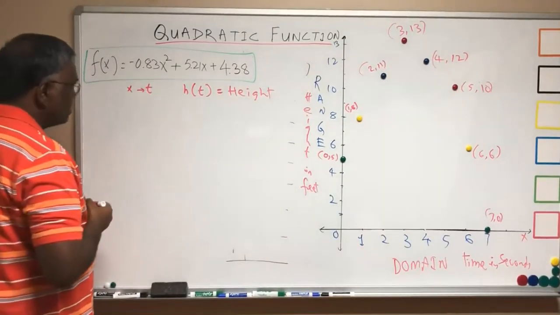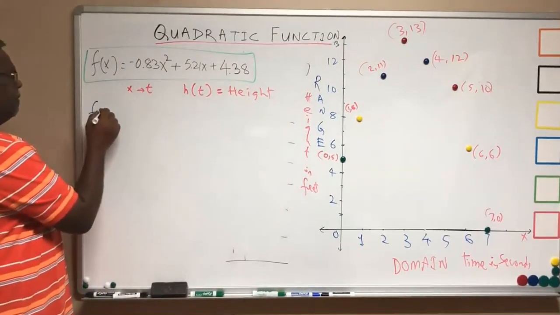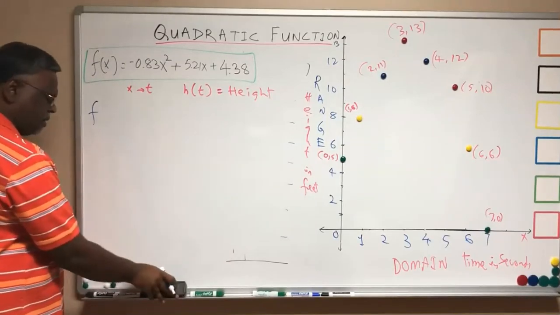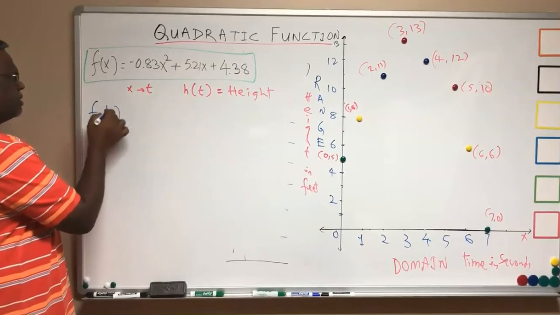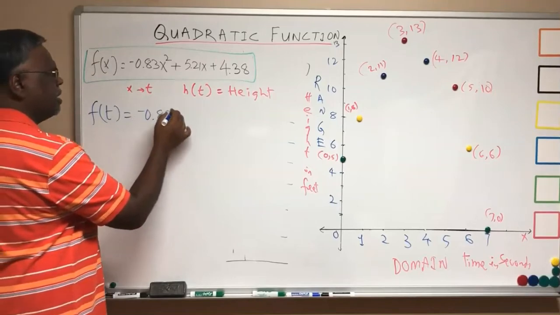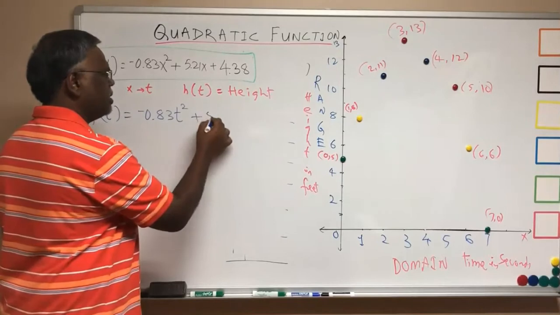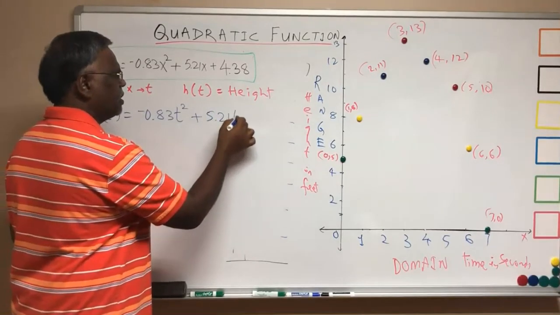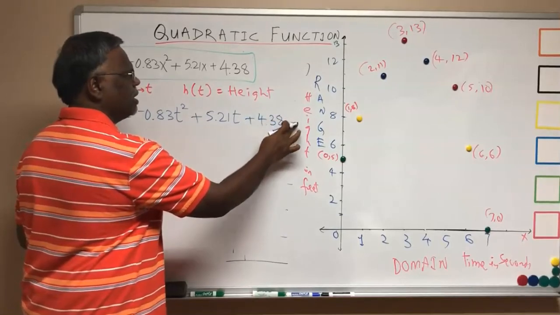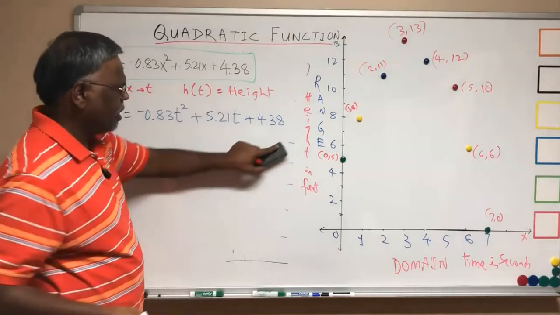So now x became t, and I'll replace it. It is negative 0.83 t squared plus 5.21 t plus 4.38.